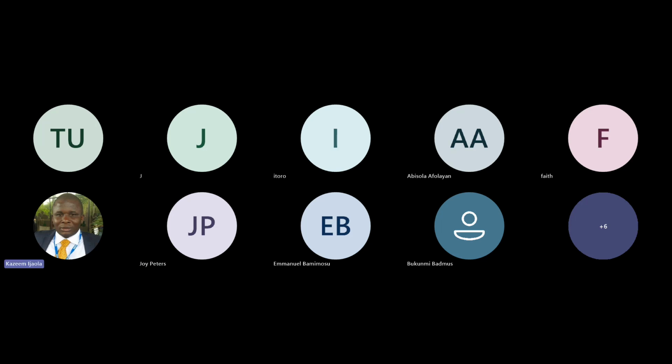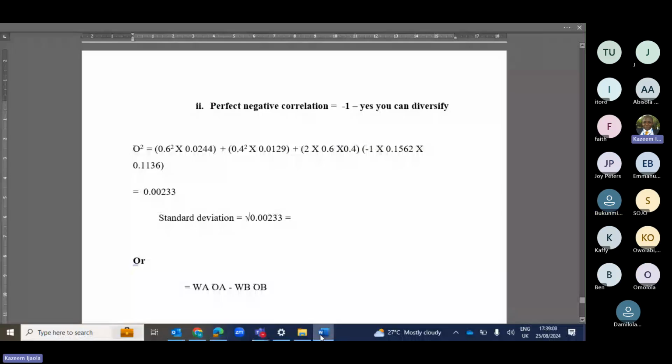Sorry, I had to swap network, although the one I am on now is still very slow. Is my voice stable now? Yes, but we can't see anything. Are you sharing your screen? Okay, let me share now. Apologies, network will always mess you up. Can you view my screen now? Yes, I can see your screen. Thank you.